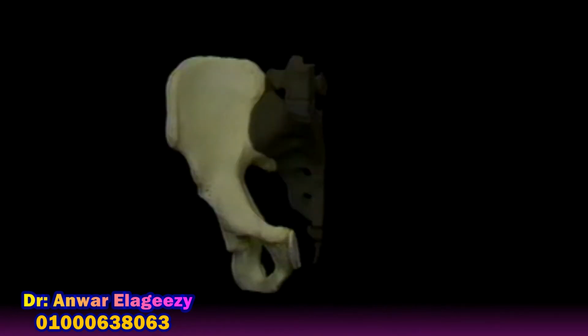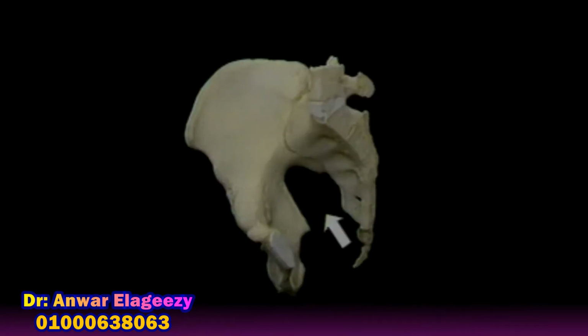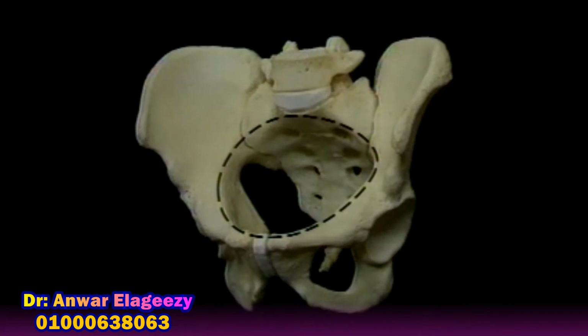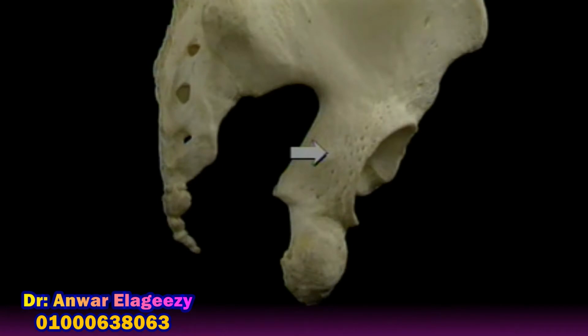Here's the hip bone, the sacrum, and the coccyx. Here's the sciatic notch. Here's the pelvic brim. Here's the obturator foramen, the body of the ischium, the ischial spine, and the ischial tuberosity.